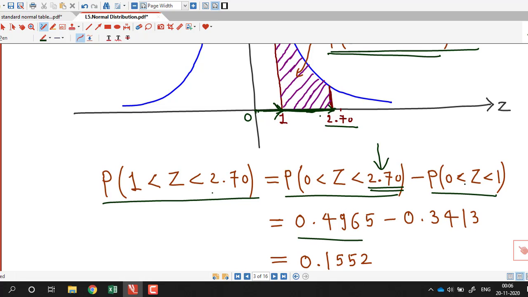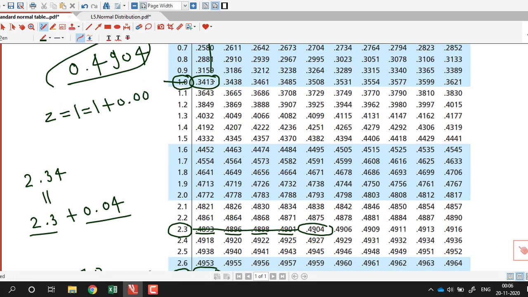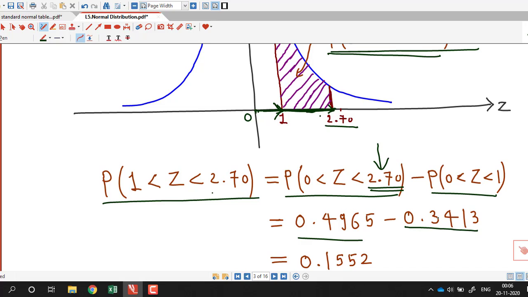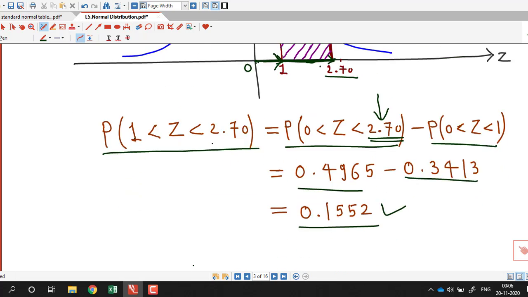And for the area from z equal to 0 to z equal to 1, I have to look for z equal to 1. We have already discussed it: it is 0.3413. So we substitute that here and the difference is 0.1552. That means the area from z equal to 1 to 2.70 is 0.1552.